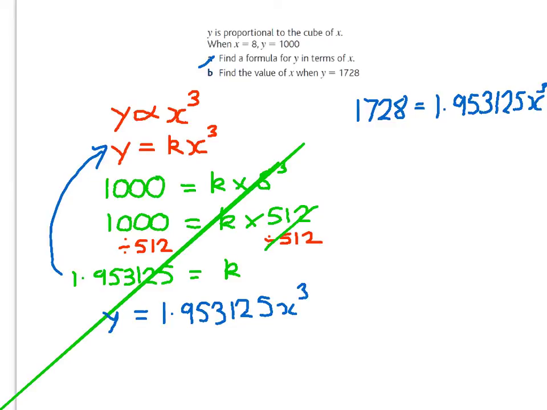So to get x on its own, which is what I'm after, I've got to get rid of the 1.953125 first of all, and currently it's 1.953125 multiplied by x cubed. So to get rid of it, I've got to divide both sides by all of that lot.